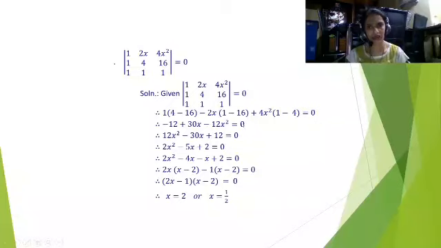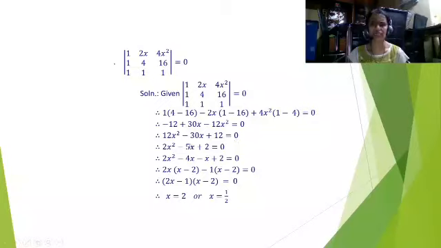As we are having equal to 0 on that side, it doesn't matter if we change the sign. If it is evaluate, then please don't change the sign. But it is solve the equation, so you can easily do the operation on both sides. The answer will not change. So we are changing the sign and we are writing 12x² minus 30x plus 12 equal to 0.